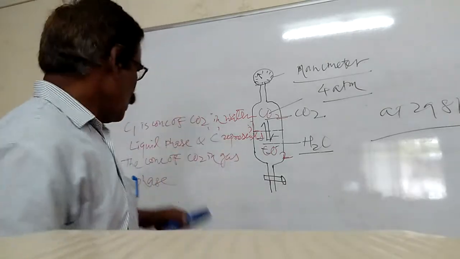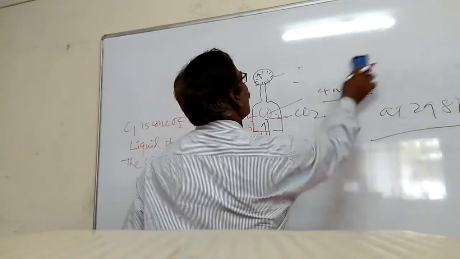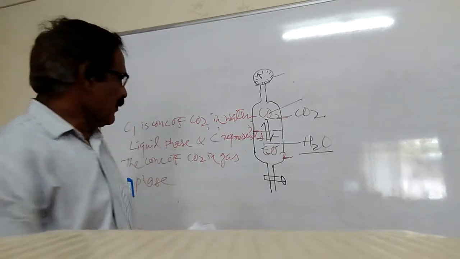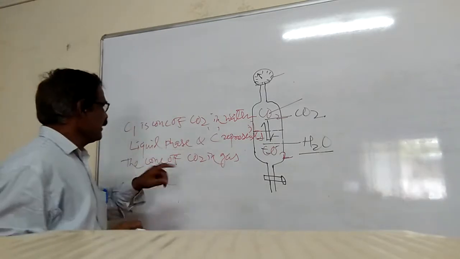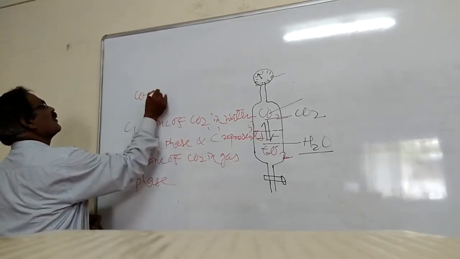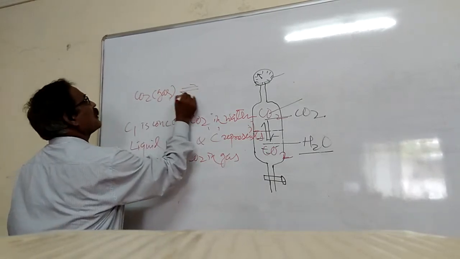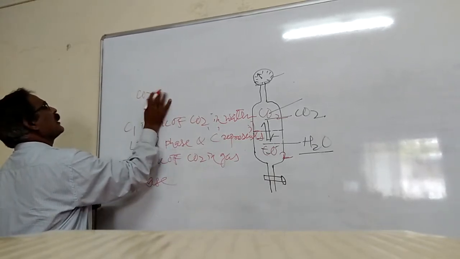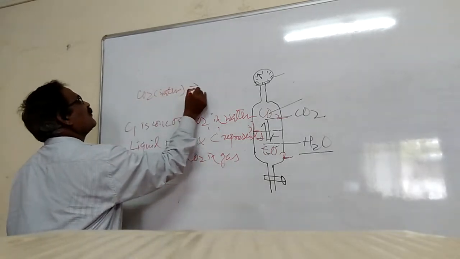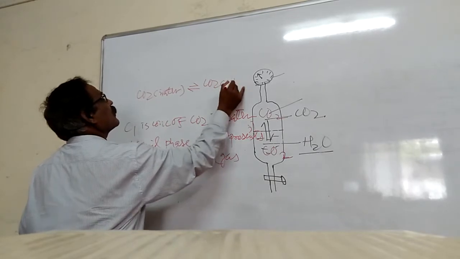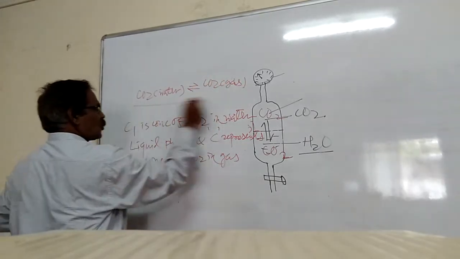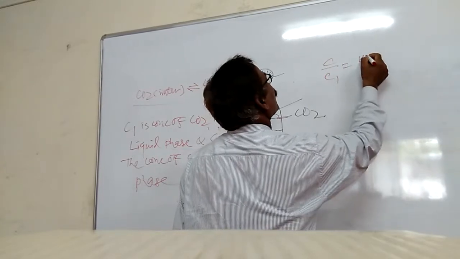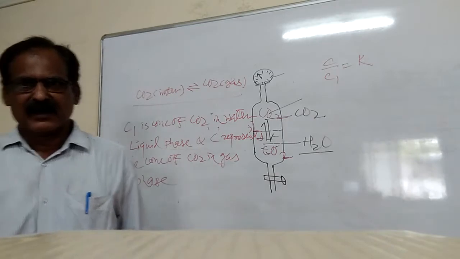On applying the law of mass action, or distribution law, to this chemical equilibrium, CO2 gas in equilibrium with CO2 in water, we find that C upon C1 is equal to K, where K is the equilibrium constant.